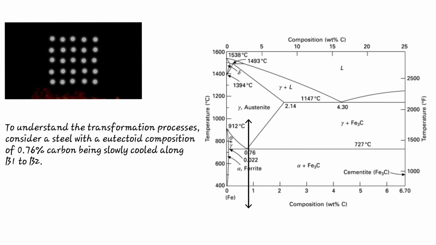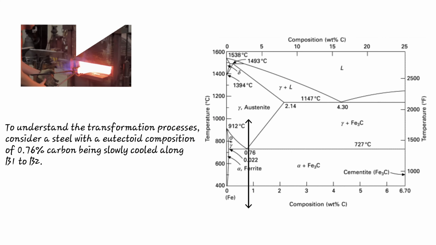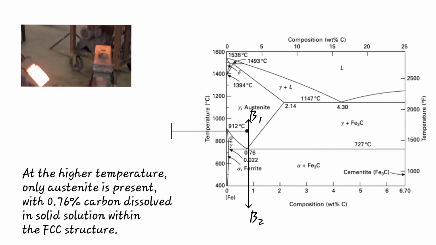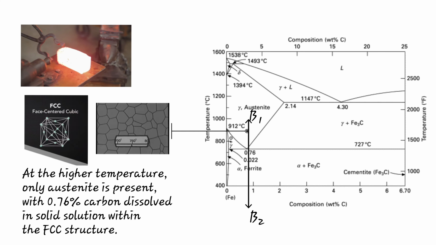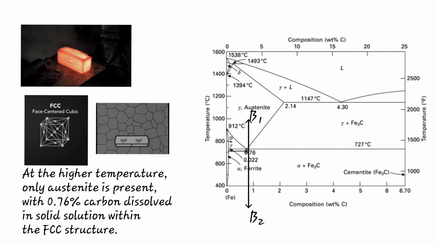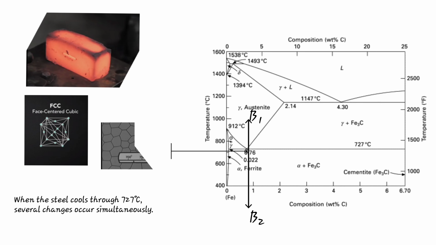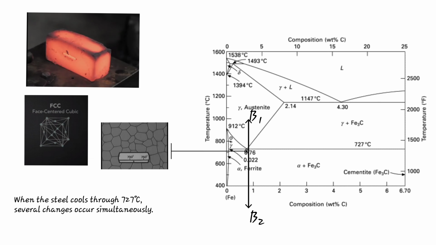To understand the transformation processes, consider a steel with a eutectoid composition of 0.76% carbon being slowly cooled along B1 to B2. At the higher temperature, only austenite is present, with 0.76% carbon dissolved in solid solution within the FCC structure. When the steel cools through 727 degrees Celsius, several changes occur simultaneously.